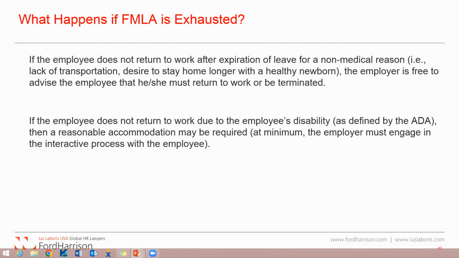So what happens if FMLA is exhausted? Well, if the employee doesn't return to work after the expiration of their leave for a non-medical reason, the employer is free to advise the employee that they must return to work or be terminated or disciplined. What you see a lot of times when it comes to FMLA leave is there are all these different issues for some employees that arise once it's time for them to come back to work.